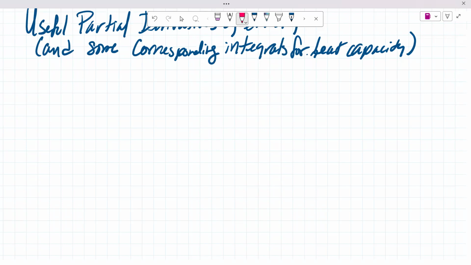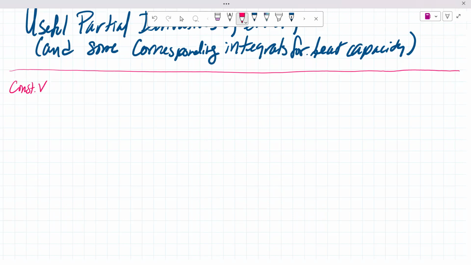I'm just going to put some guidelines for myself in here. Sometimes this thing realizes that I want to make straight lines, and sometimes it doesn't. Constant volume is the first one that we want to do.